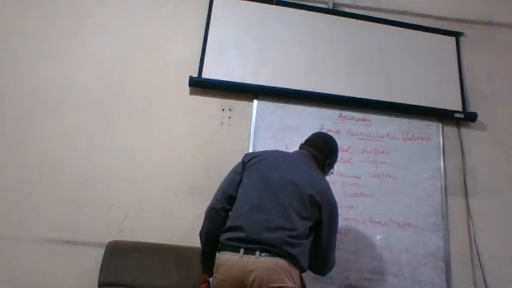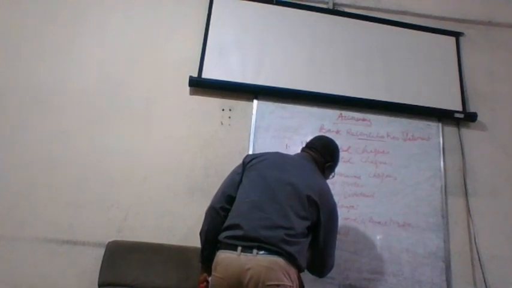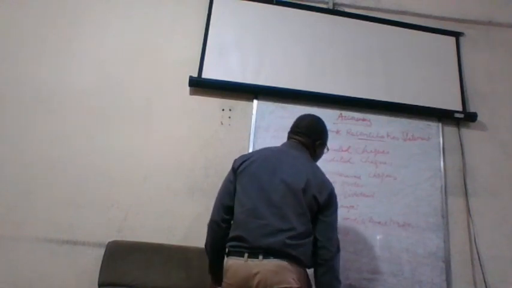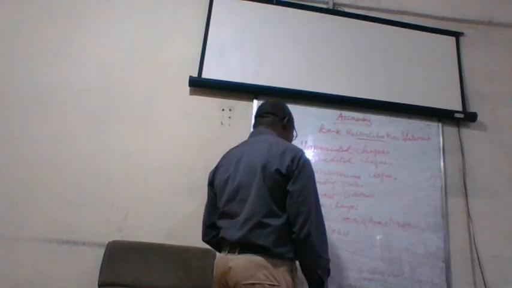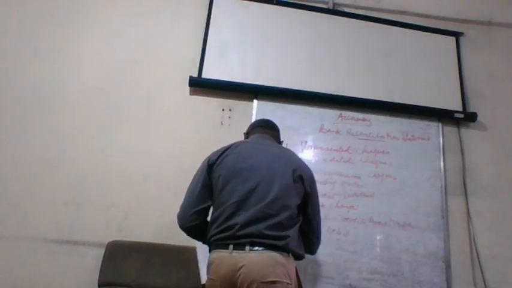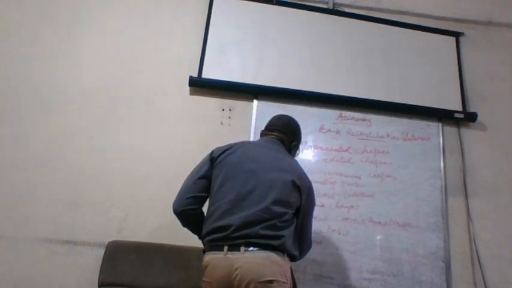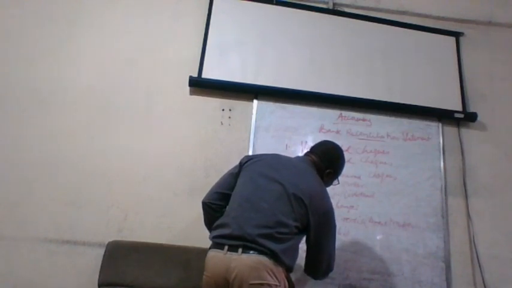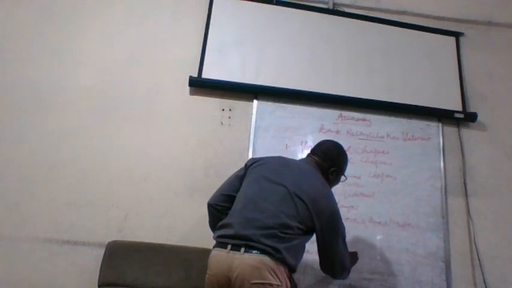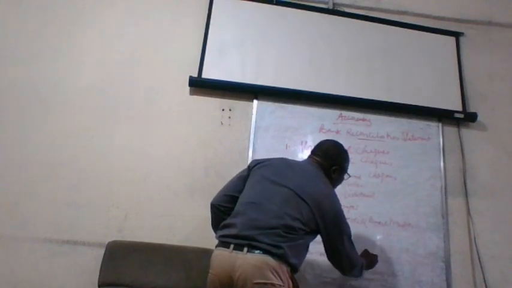Number nine, bank errors. Then number ten, overcasting or undercasting.